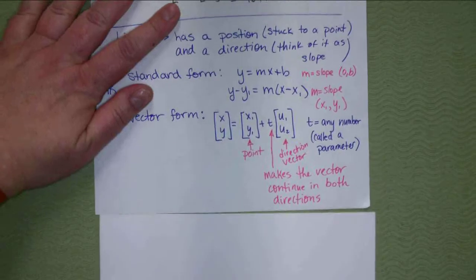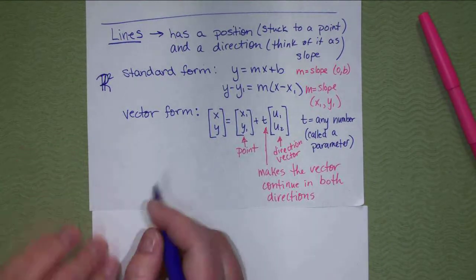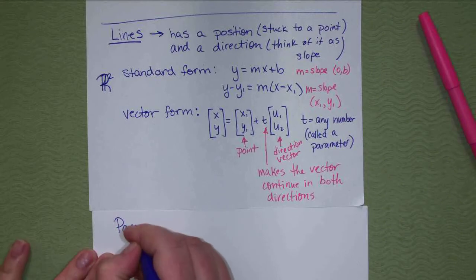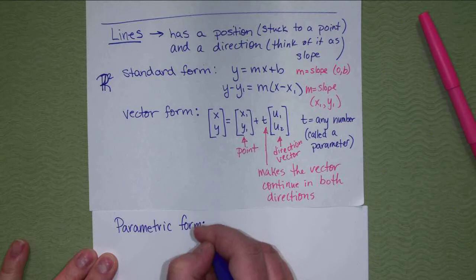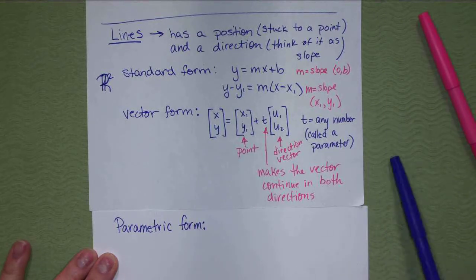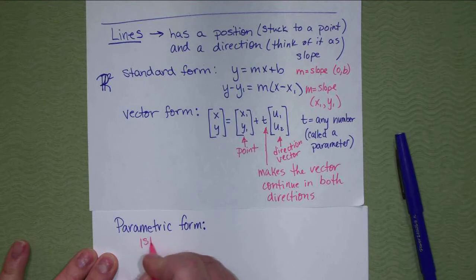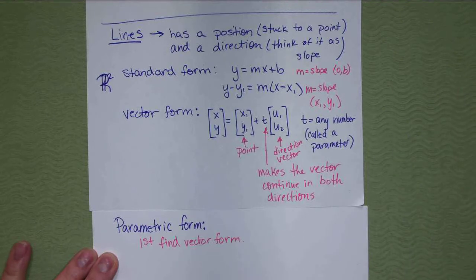And then the other form that you could write a line in is called parametric form. You have to get vector form to get parametric form. So first you find vector form, and then, as we did last class, take the letters out of the vector and put the equal sign in. So you're actually just reading across.